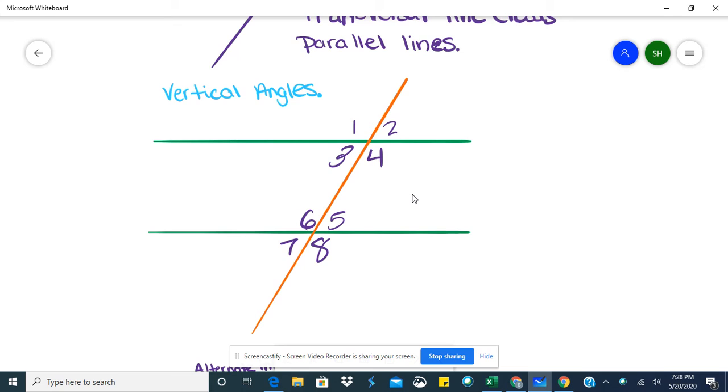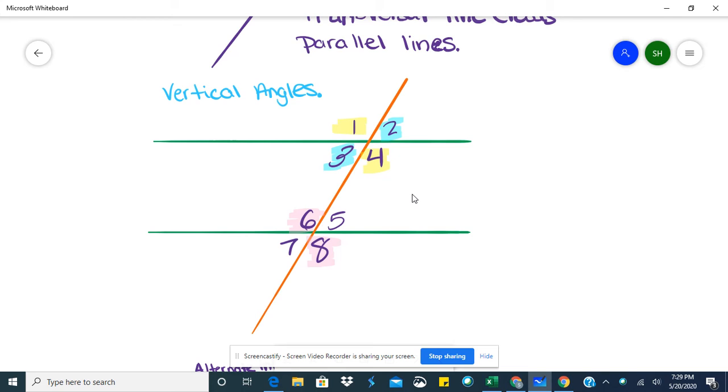In this case, we have 4 sets of vertical angles. First one, 1 and 4 vertical angles. Second one, 3 and 2 vertical angles. Then we have 6 and 8, also vertical angles.